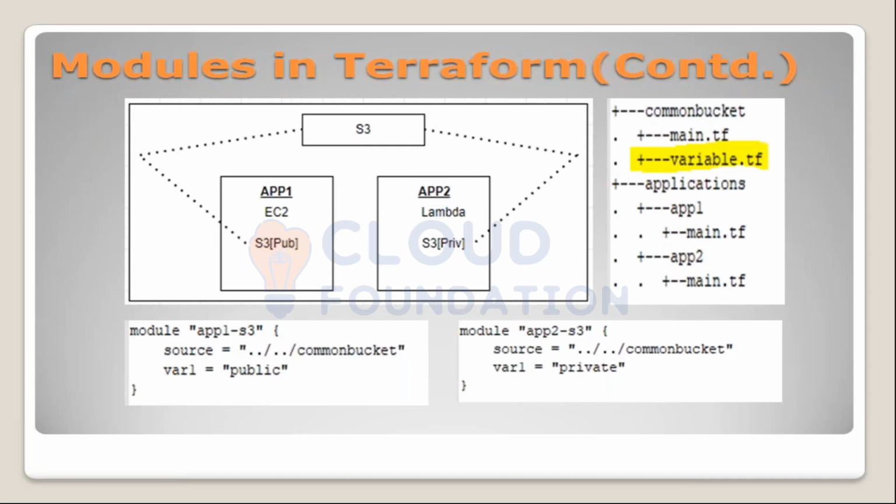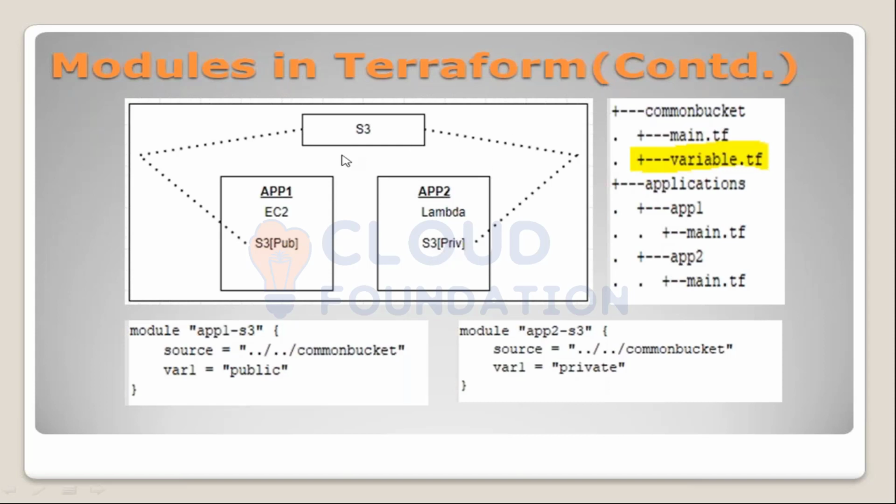Okay, so the variable.tf which is there at this commons level. Let's say here I have Lambda and S3. My Lambda is not a module. My Lambda is directly configured under app2. This may need some variables, right? Where will those variables be defined? They will be defined in a variables.tf at the app2 level. But my S3 is a module call.